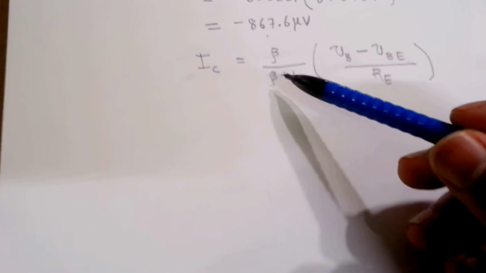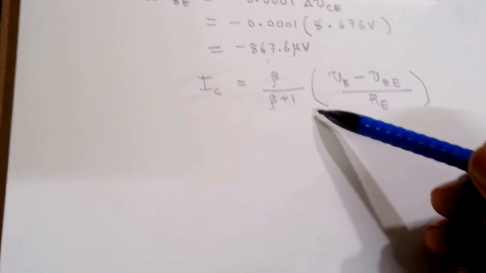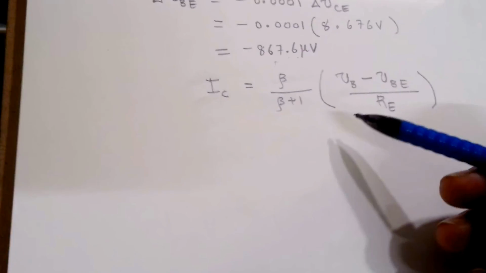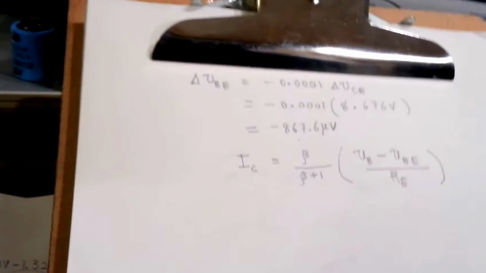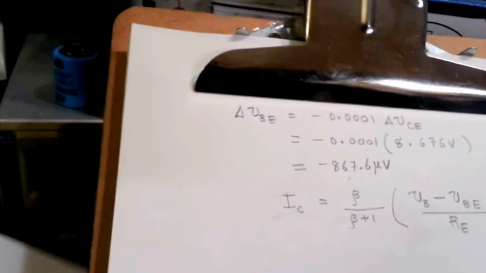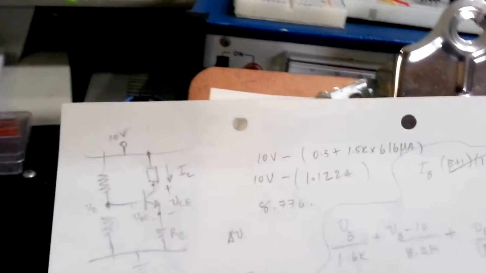This is very easy to derive. I don't think you need an actual derivation from me, but if you want, I could quickly show you the derivation I made earlier.